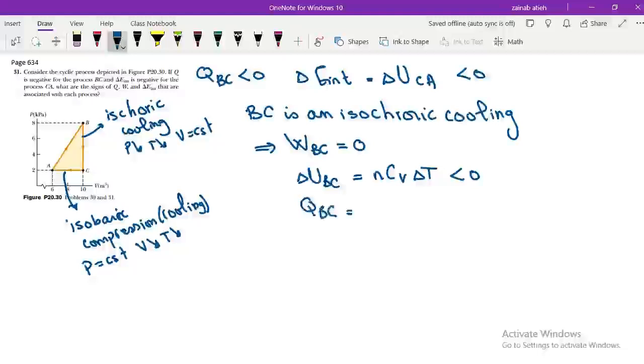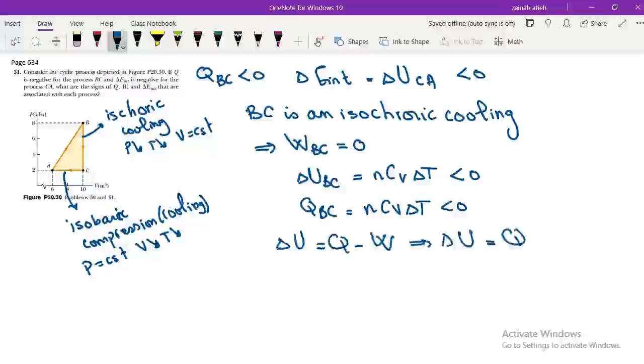If we apply the first law of thermodynamics, delta U equals Q minus W, and W will be 0, so delta U is equal to Q. This is for BC, which are both of them negative because they have the same formula, nCv delta T.